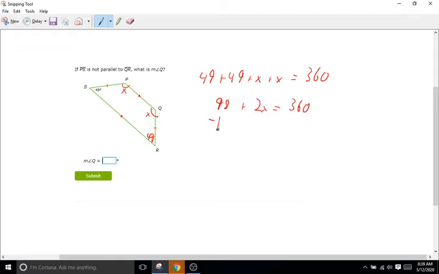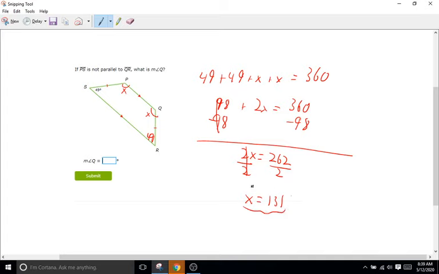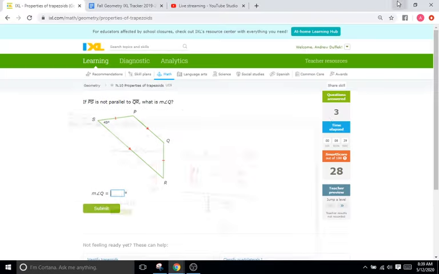We'll subtract 98 from both sides. Okay, so we are left with 2X equals 262. We'll divide both sides by 2. X is 131. Okay, so it's going to be 131 degrees.